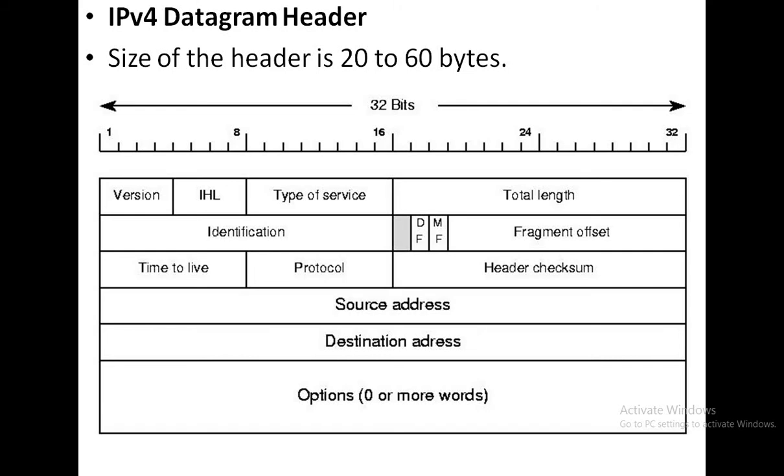So the length of the data is equal to the total length minus the header length. The maximum length can be 2 to the power 16 minus 1, that is 65535 bytes. So this is the total data length calculation.